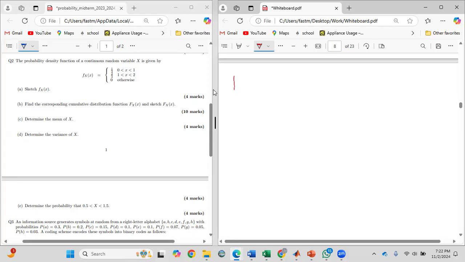So the question already gave you the PDF as a piecewise function. The ranges again were 0, 1, and 2. They said between 0 and 1 it is 1/3, and then from 1 to 2 it is 2/3, and 0 otherwise.